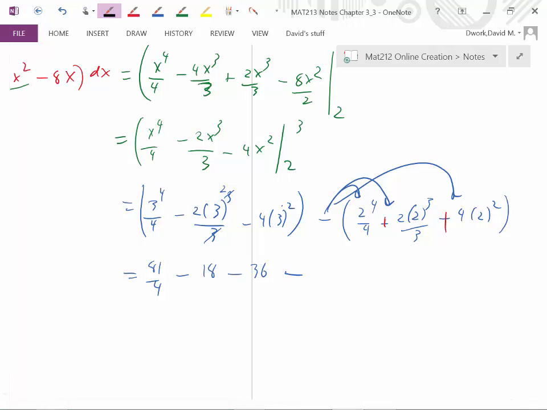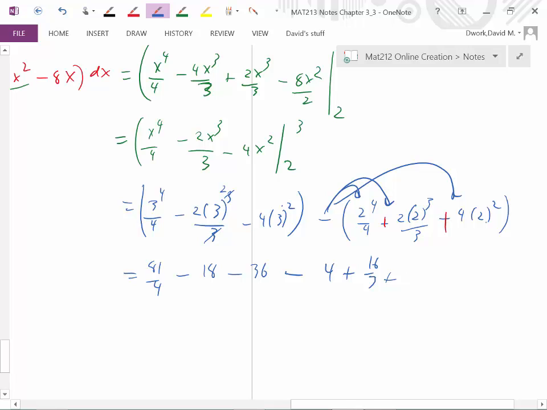Okay, so then what is this going to come out to be? 2 to the 4th. 2 times 2 is 4, and then times another 2, so that's 16. 16 divided by 4 makes 4. Plus 2 times 2 is 4, times 2 is 8, times 2 is 16, 16 thirds.